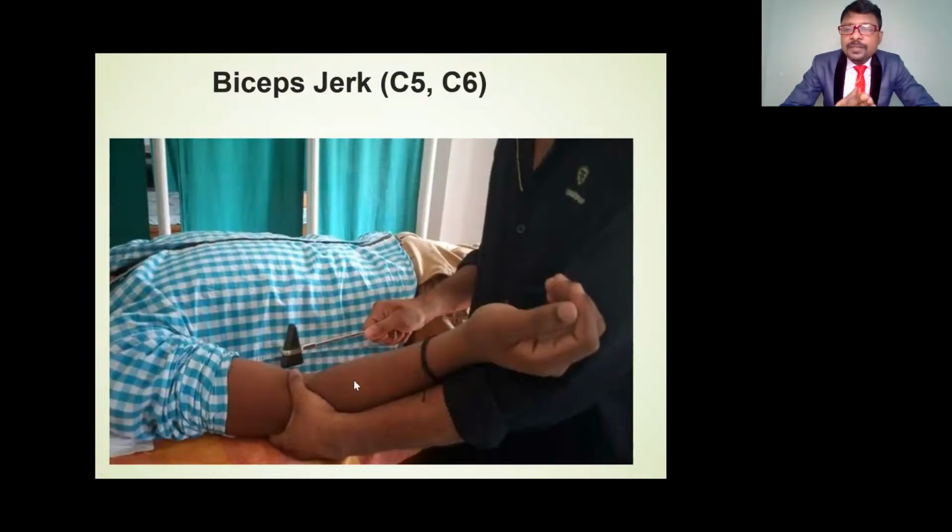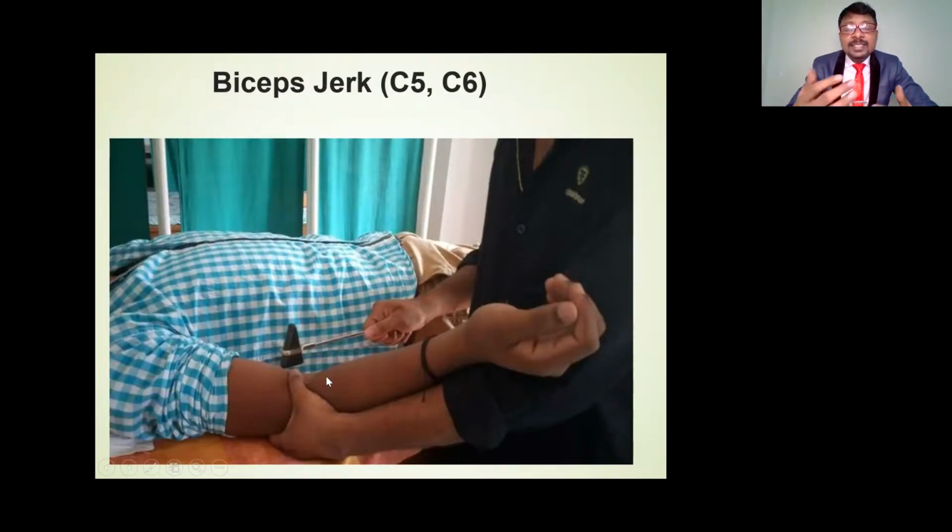In case of muscle weakness, for example if the C5, C6 nerve root is weak or damaged, or there is compression in the spinal cord, the reflex will be very weak or maybe absent. In case of spinal cord injury or particular C5, C6 nerve root damage, there may be weakness of the biceps.